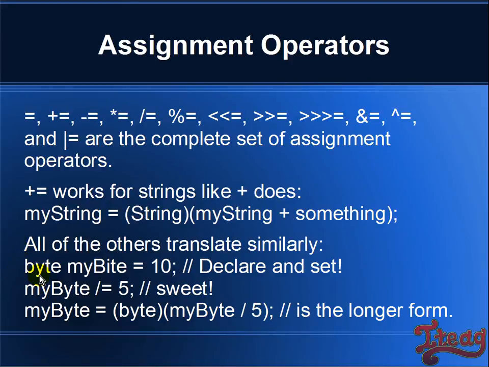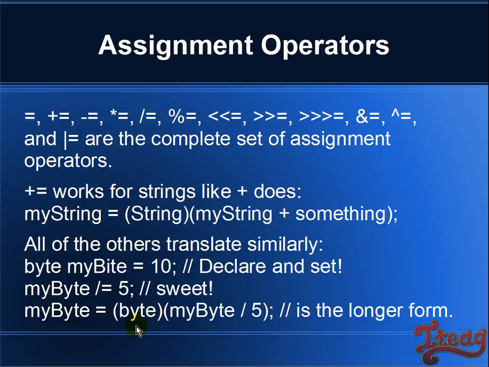So here I declared a byte, my byte. Oh boy, there's a misspelling. Pretend it's a y. Okay, and I just set it equal to 10, so it's declared and set. And then here's one way of saying it, which is my byte divided equals 5. When you boil it down to what the compiler sees, it's my byte equals a cast to type byte, because it naturally promotes all bytes to integers for operation.